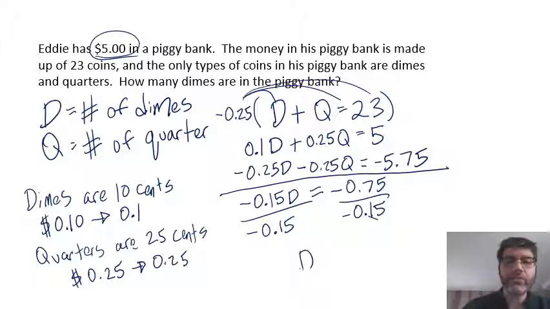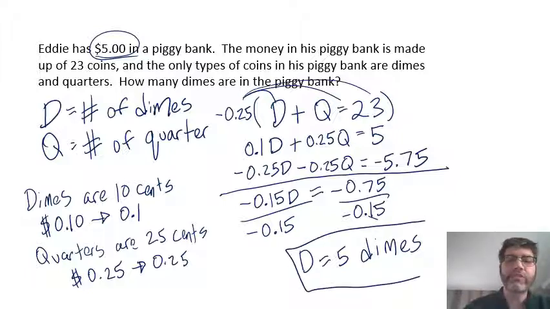So D equals 5. So 5 dimes is our answer. There were 5 dimes in this piggy bank. And if you were asked, which you weren't, how many quarters are in the piggy bank, since there are only 23 coins in the piggy bank and you know that 5 are dimes, then 18 of those coins must be quarters.